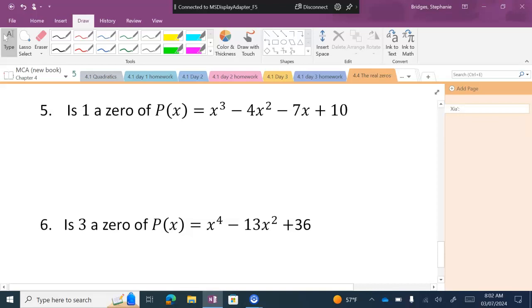Again, be very careful with 6. We have an x to the 4th. We do not have an x to the 3rd. We have an x squared, but we do not have an x as well. So you're going to have to fill in a couple of zeros there.